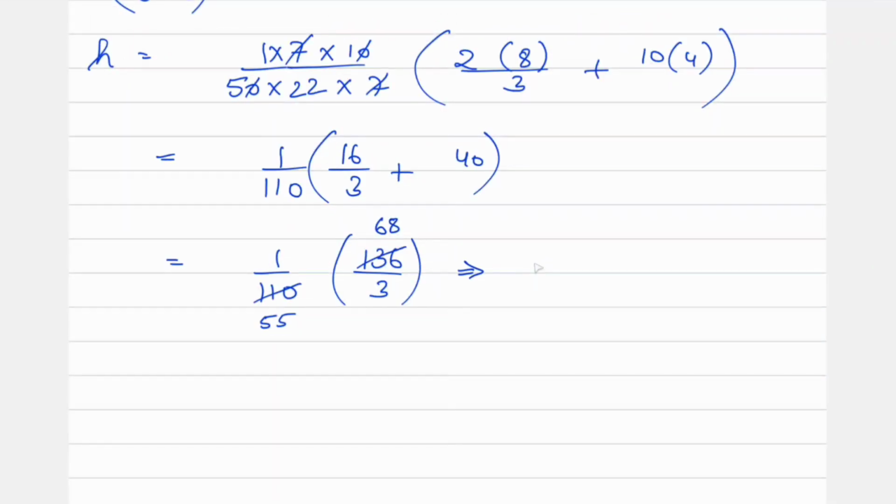So the answer comes out to be 0.412 meters. Okay, I guess we made some mistake. Here we have to put r squared, so no problem, we can multiply this with 10/7. So the final answer on calculation would be 0.58 meters.